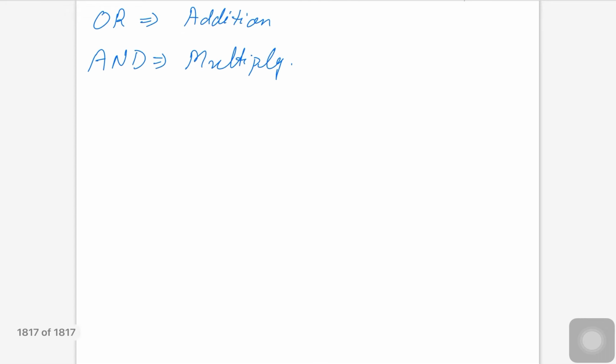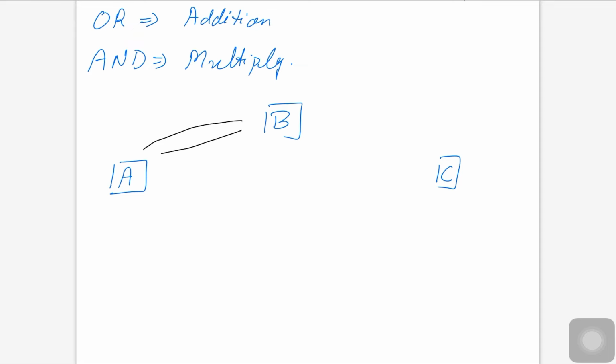Like if I'm saying that there is a place A, and I have to reach C via B. Let us assume that from A to B there are 3 ways, and from B to C there are a total of 4 ways.